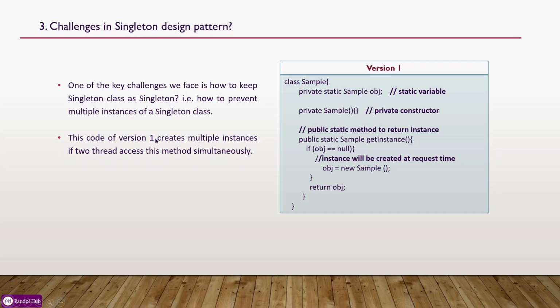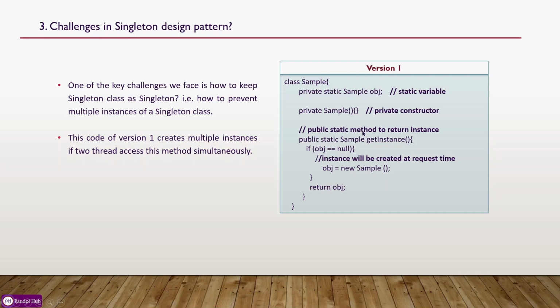This version 1 code creates multiple instances if two threads access this method simultaneously. This was the code which we saw for the lazy initialization. We have a static variable, that is a static object for this singleton class, and we have a private constructor.